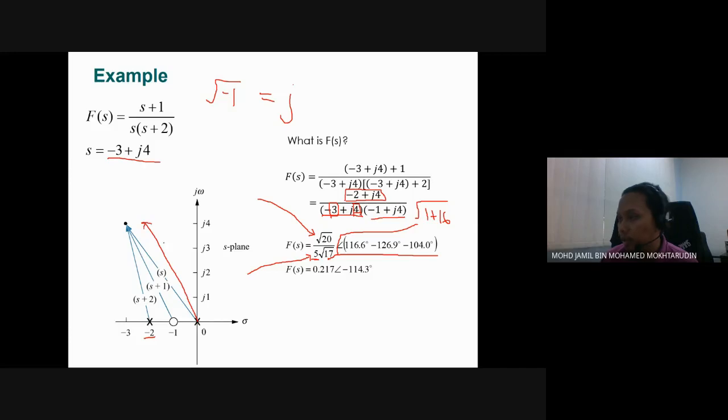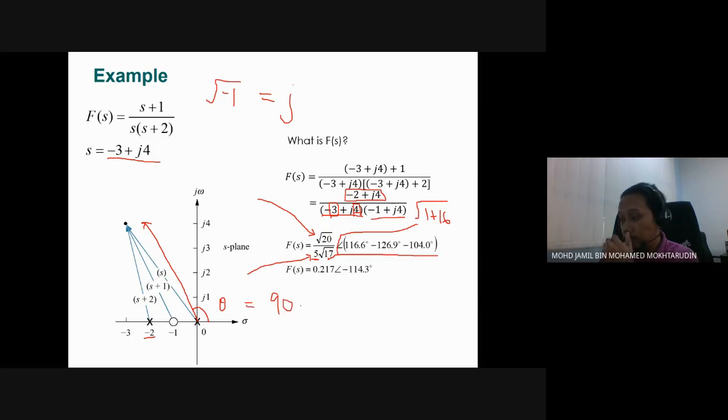Okay. So when you plot the complex number, then you can determine the angle. So to find the angle, it's better to plot the vector in S-plane first, and then determine the angle. For example, to determine the angle theta here, it equals 90.